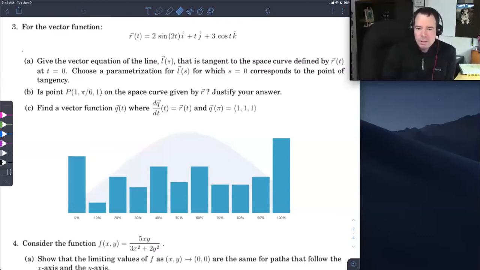You're integrating 3 components, and then you've got to make sure each one of them satisfies the condition that when you plug pi in, you get 1 out for each of the components. That was the most common mistake, just missing the constant of integration and then solving for it so that it passes through the particular point you want.